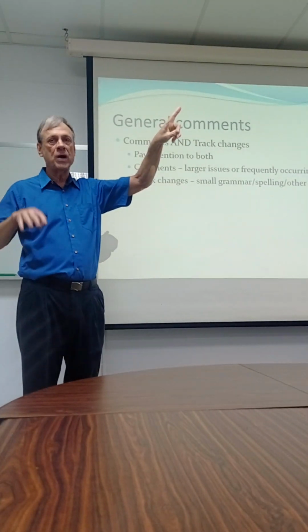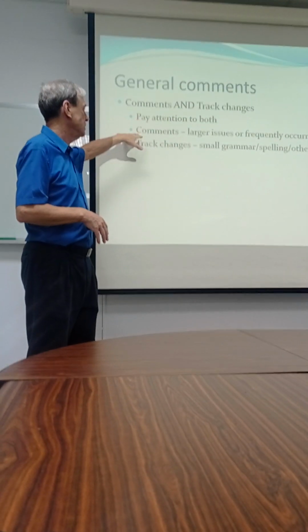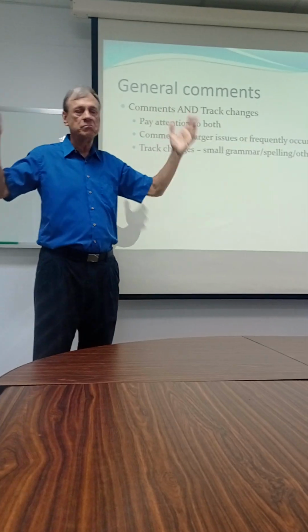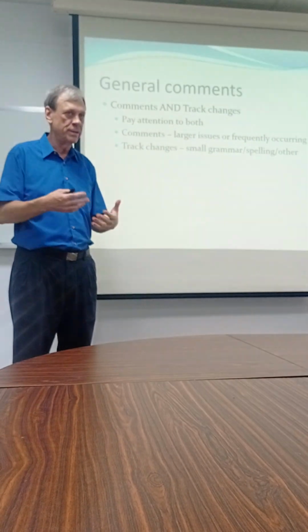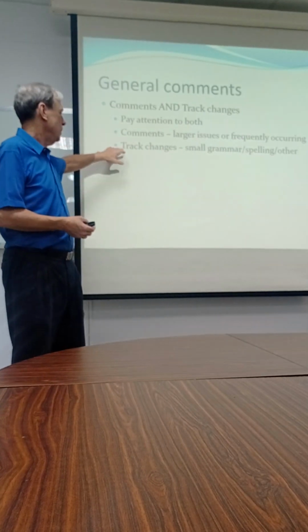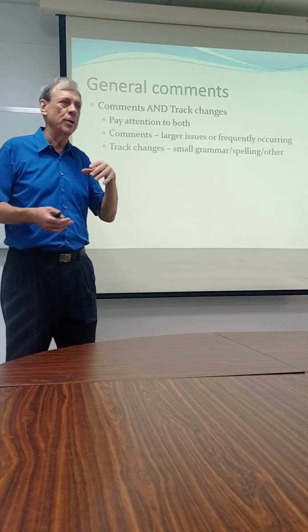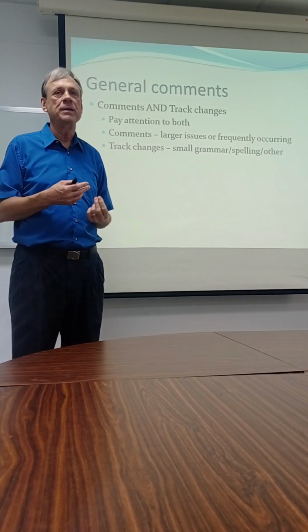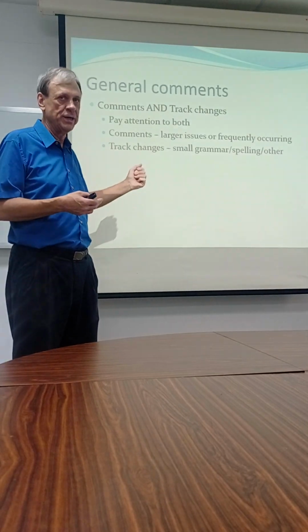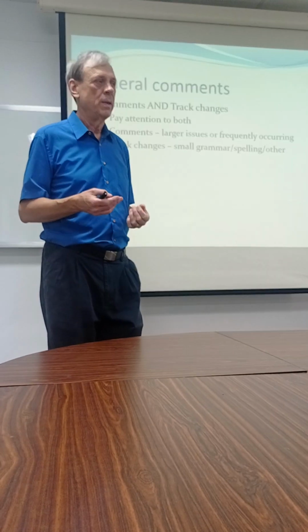It also has track changes. So the comments talk about questions, bigger issues, things that you need to think about or do. If it's just a word, the wrong word, small things, I'll just change that in the document with track changes. So you need to look at both of those.